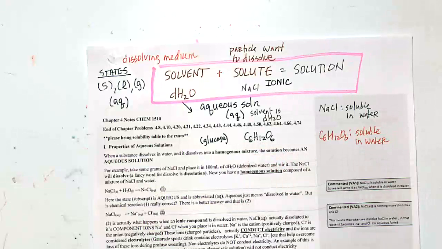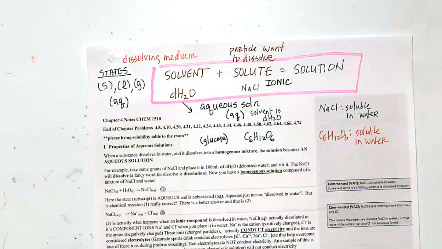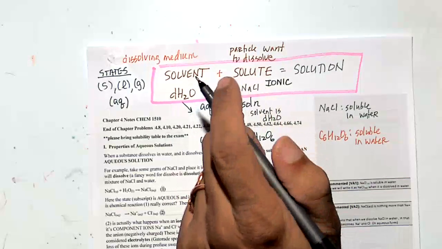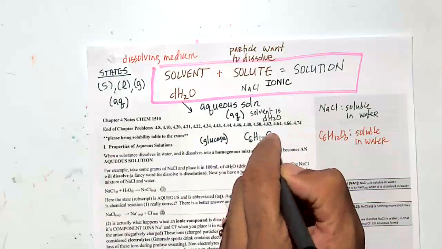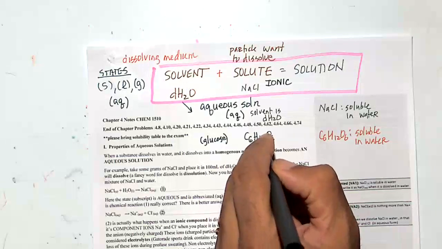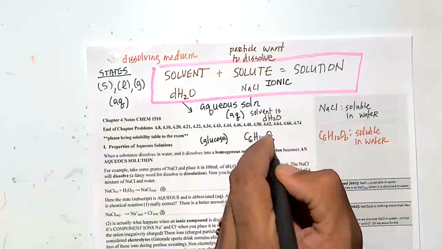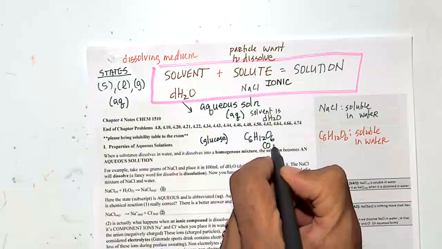This thing, C6H12O6. Covalent. Say it with more confidence. Is it covalent? Yes. Is sodium chloride ionic? Is glucose in there covalent? Yes. This is covalent, and that's ionic.